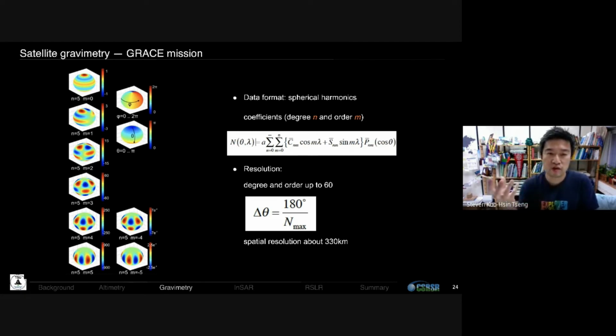For example, there was a mass over the Greenland ice sheet, but next month or next year, we can see the mass loss, the decline of the mass. When the satellite flies over the Greenland area, the orbit acceleration is different than before. Then we can understand there must be some gravity change or mass change down below the orbit.